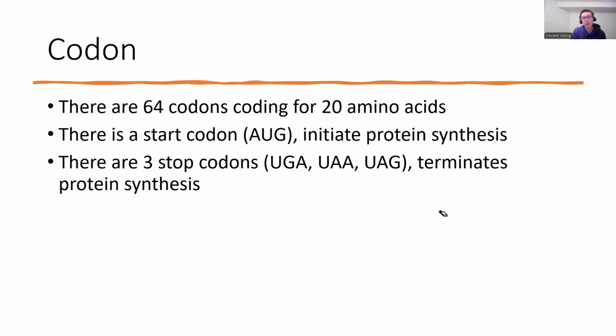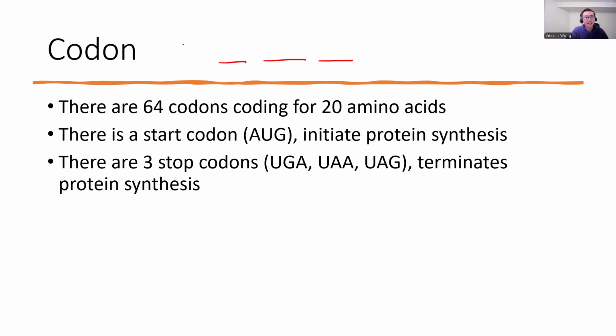So how many codons are there in total? Well, if you think about it, 3 nucleotides make up a codon. How many possibilities for the first blank here? What letter can go into the first blank for the codon? What are the choices for the first blank?